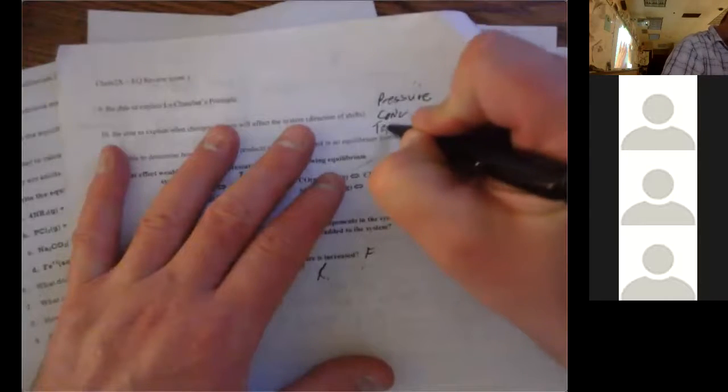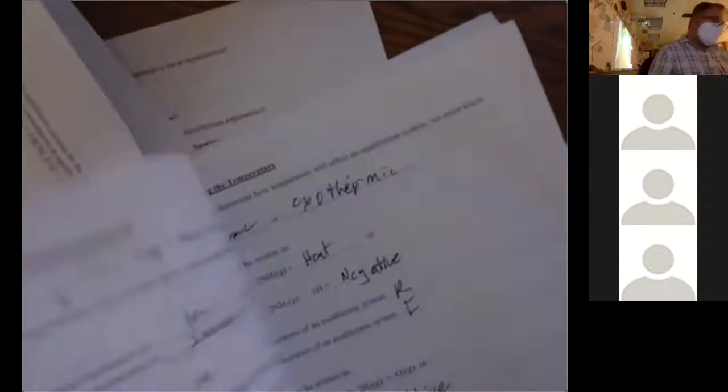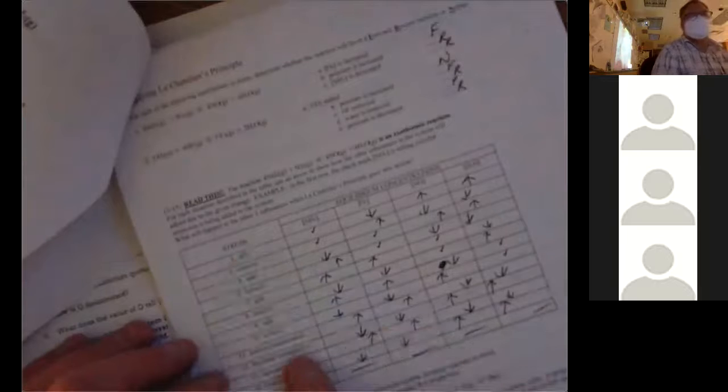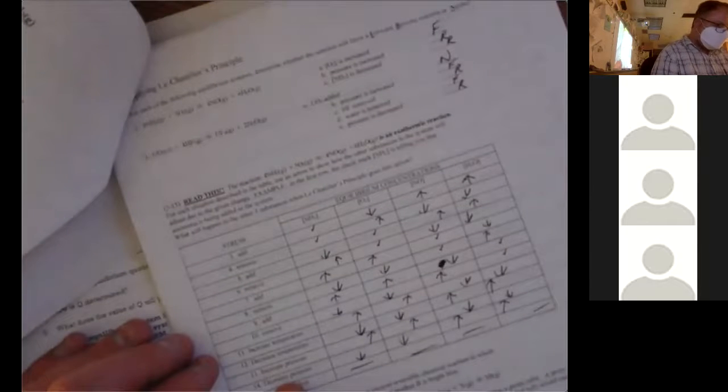Temperature, heating or cooling, any of those changes would affect it. And that's like this page right here with the up and down arrows. Does adding a catalyst do anything? No, right? So adding or removing, increasing or decreasing temperature, or changing pressure. Those are all the things that affect it.